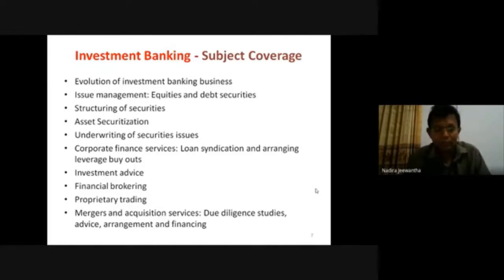What is a prospectus? IPO, initial public offering. What is the opposite of the initial public offering? Private placement. Shares also can be issued as private placement.